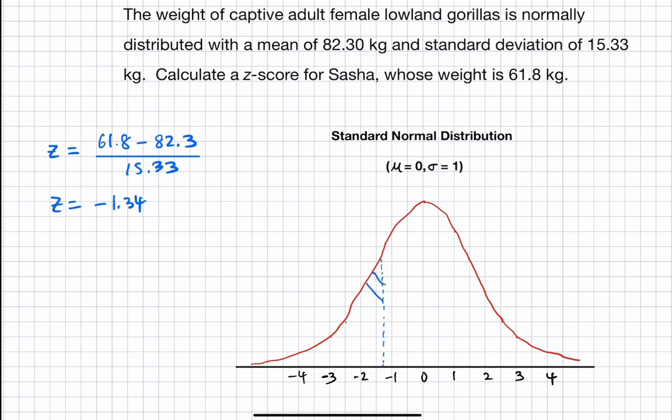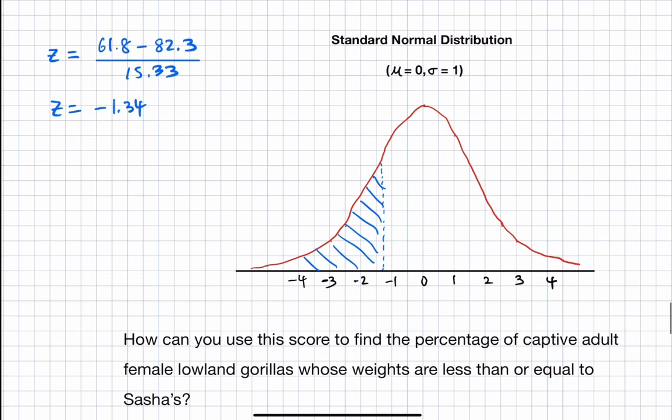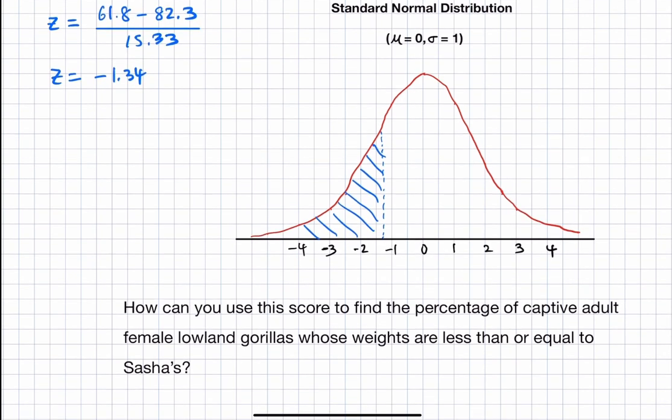Okay, so that would represent that area. So if we were to use this score to find the percentage of captive adult female lowland gorillas whose weights are less than or equal to Sasha, okay, less than or equal to Sasha, we would want to find the area under this curve.